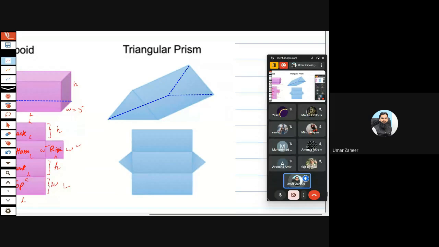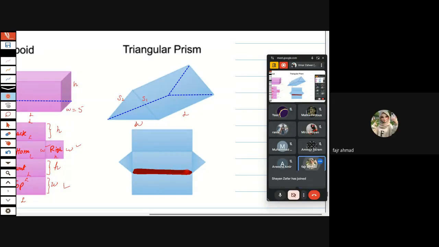Is it clear? Let's say I have to give the name. Let's say it is the length, and it is going to be the width. Let's say it is S1 and it is S2. Yes, can anyone tell me what it is?